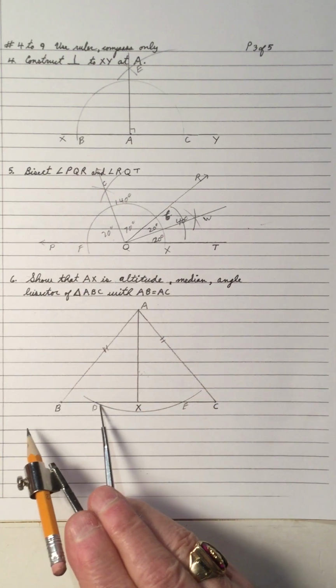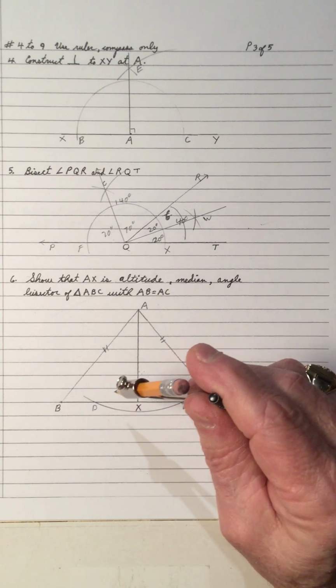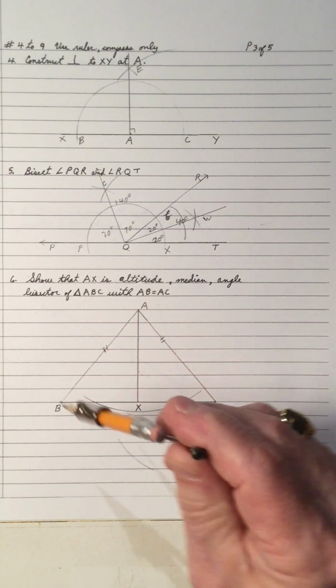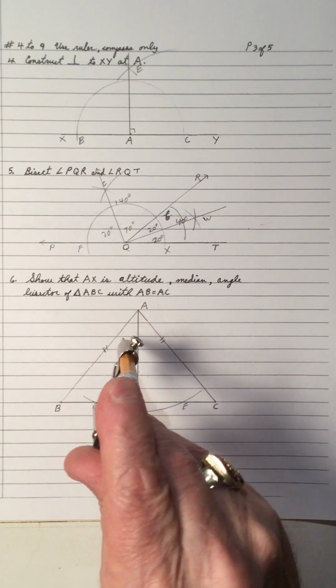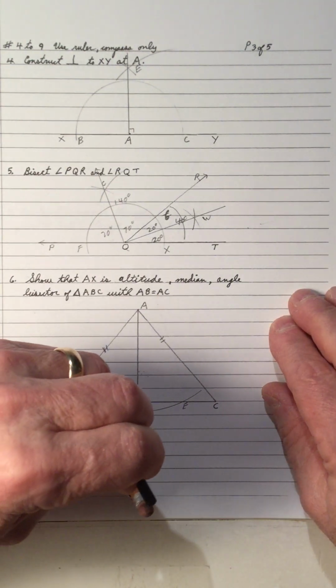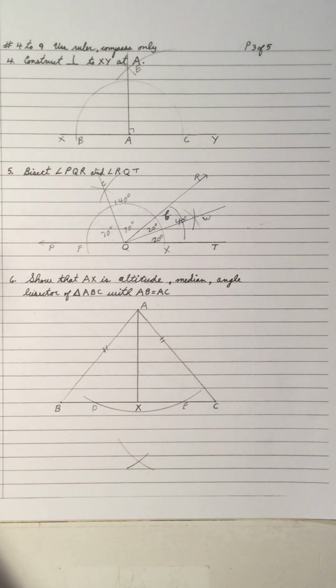There it is, greater than half. We draw an arc down below. We put it at D, draw an arc down below to intersect. There it is. And so join them up where they intersect.